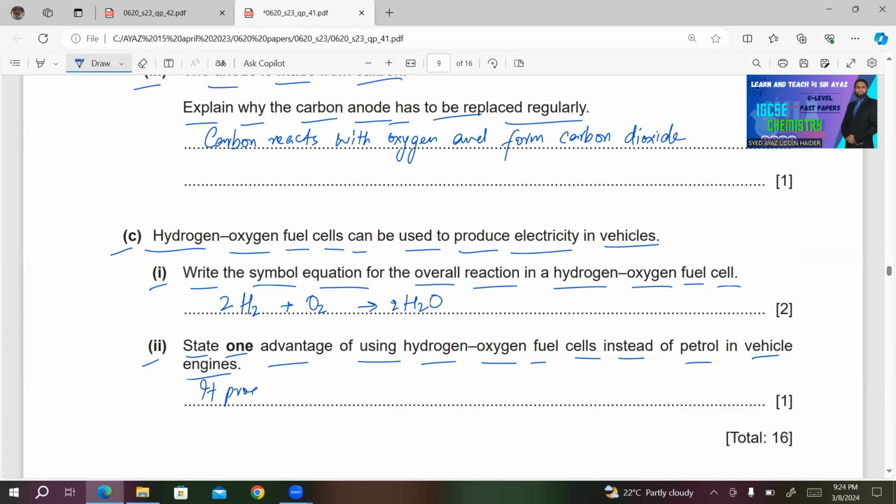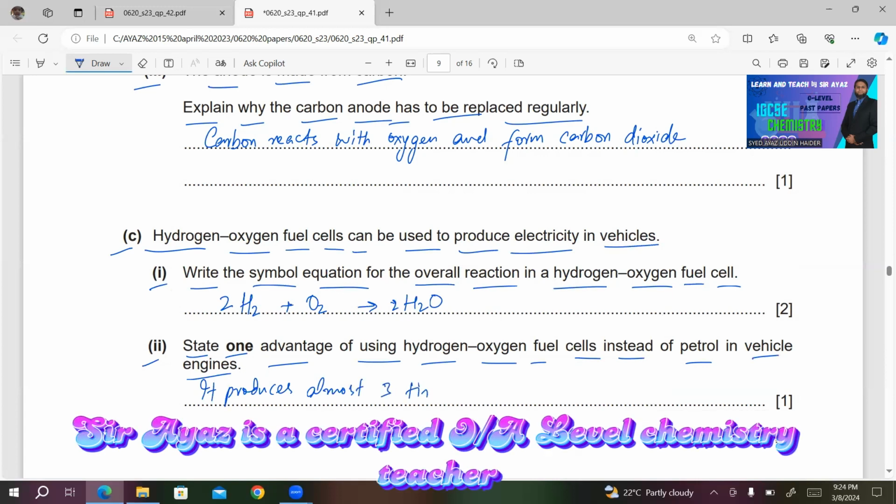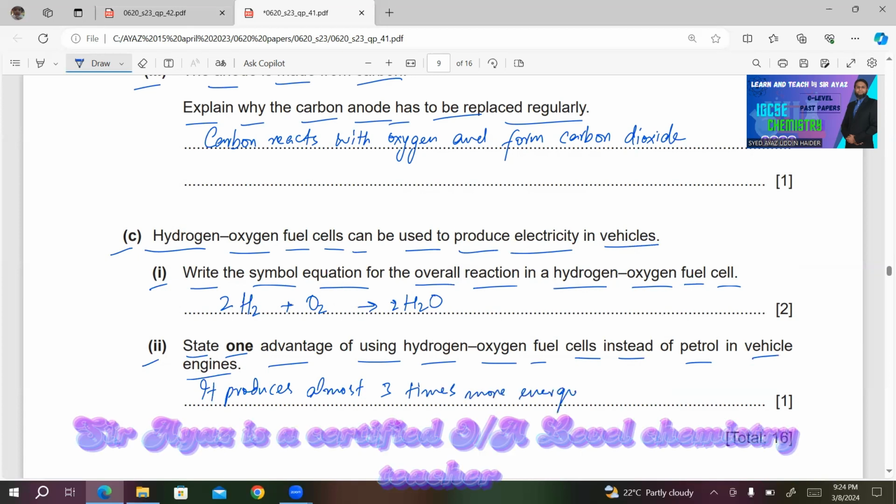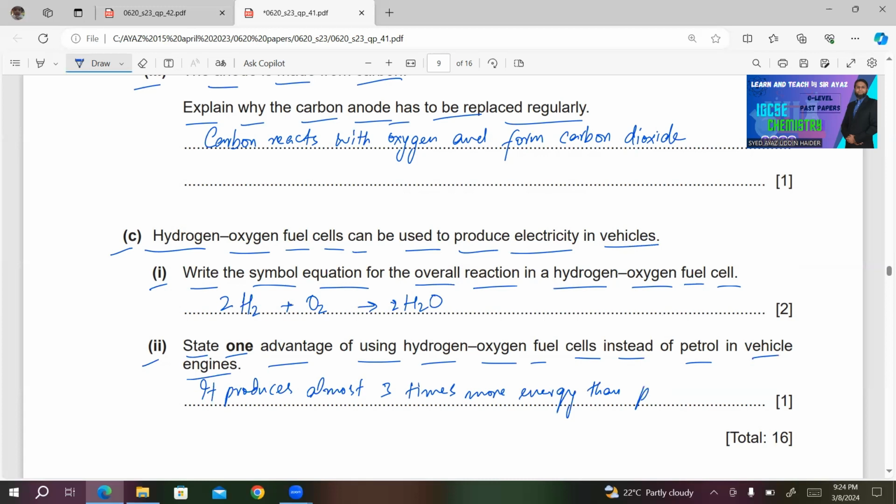It produces almost 3 times more energy than petrol, or fuel efficient. Or you can write it does not produce CO2, carbon dioxide.